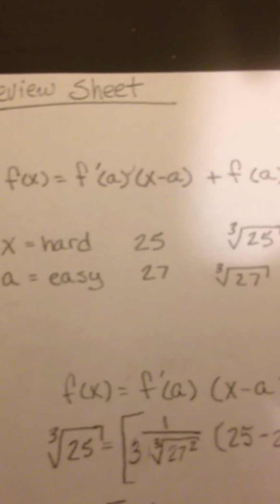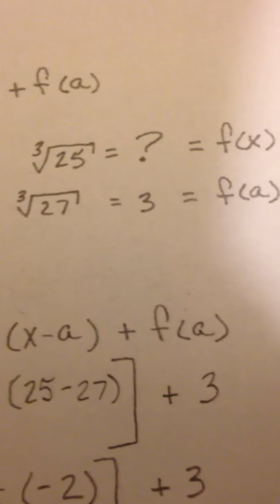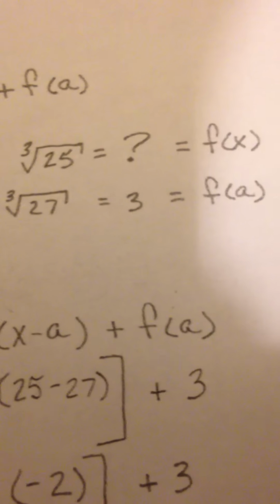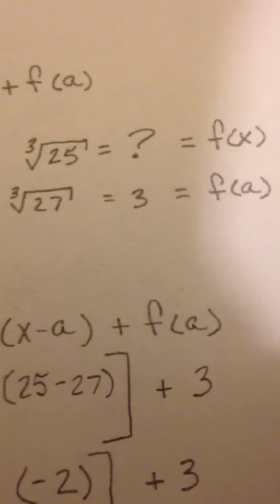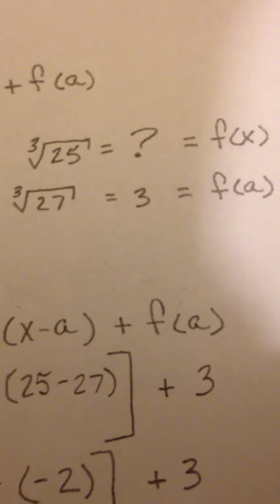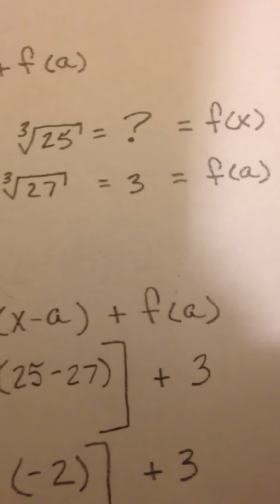Since our function is the cube root of x, pick 27, because we know that the cube root of 27 is 3, which we found out right over here. So the cube root of 25 is, I've got no idea, but that's our f of x. And see that the cube root of 27 is 3, which is our f of a, which is all nice.